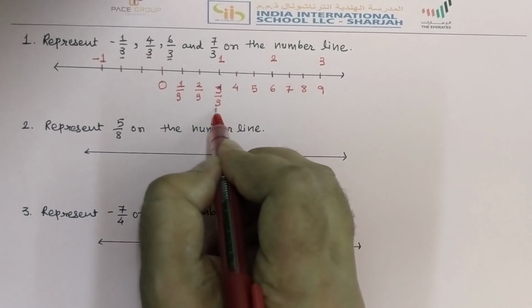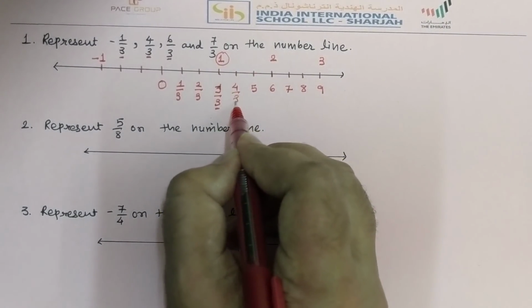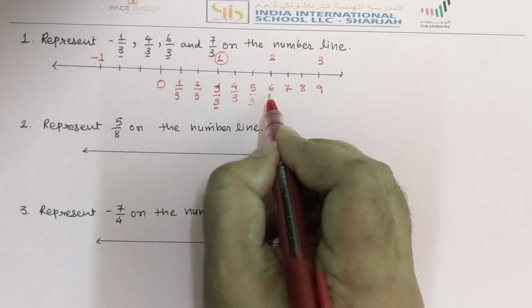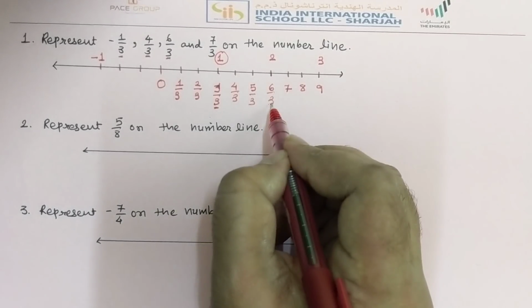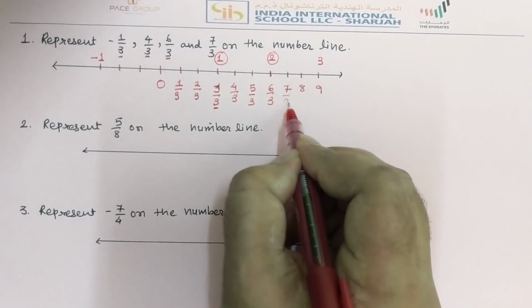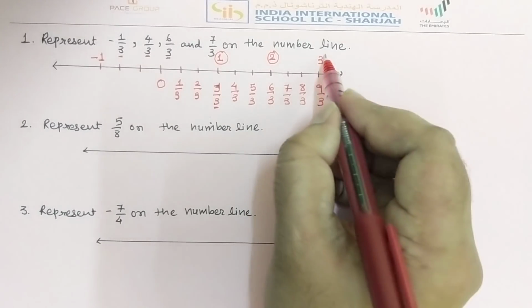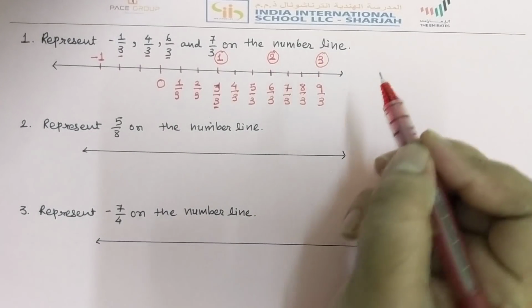We all know what 3 by 3 is. Yes, that is 1. Then 4 by 3, 5 by 3, 6 by 3. What is 6 by 3? 3 twos are 6, so that is 2. 7 by 3, 8 by 3, and 9 by 3. 3 threes are 9, that is 3.